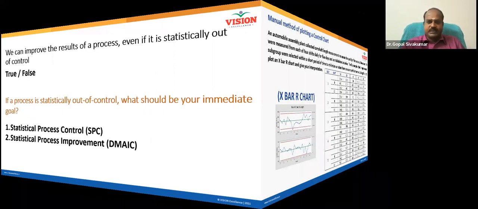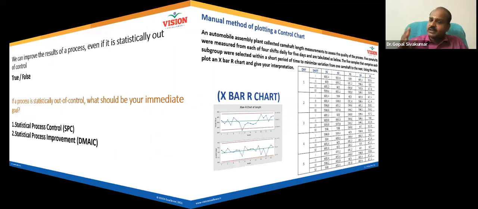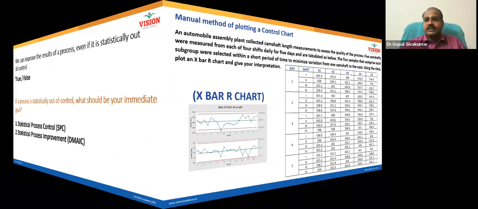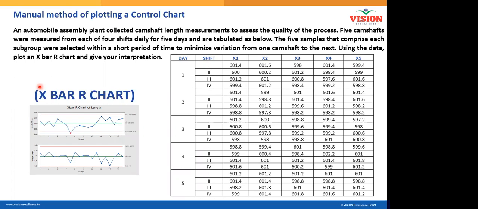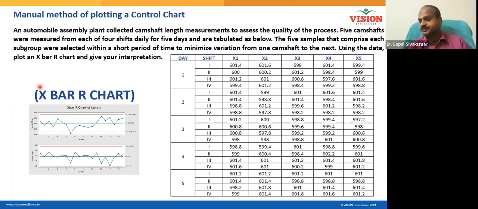As I already mentioned, there are two types of data. One is continuous data, another is discrete data, also known as attribute data, right? Continuous data means measurable. It will have a dimension. For example, what is tabulated in my slide is the length of a product. Will it have a dimension? How do you measure the length?